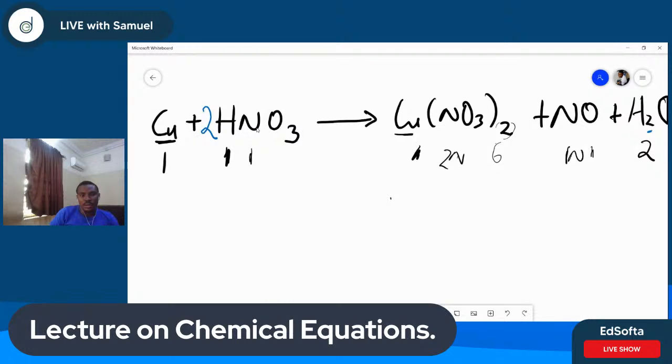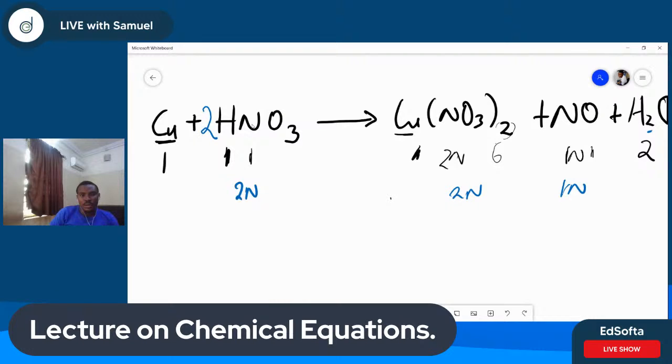But now, what's the next element? Nitrogen. Our nitrogen is not balanced. We have 2N on one side and 1N on the other side. How can we balance this equation?